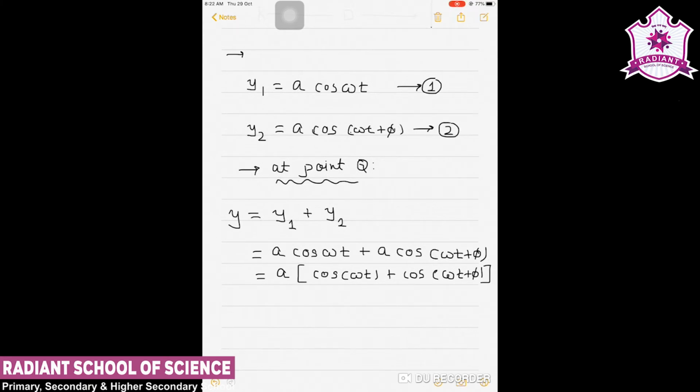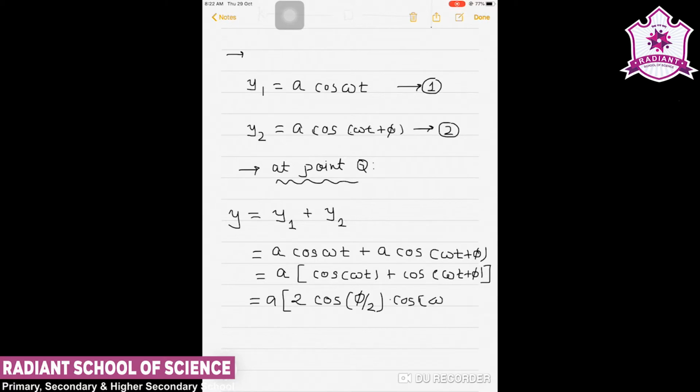So here we can compare it with that equation and get the answer, that is a into 2 cos(phi by 2) into cos(omega t plus phi by 2).